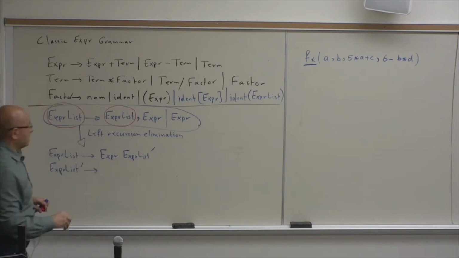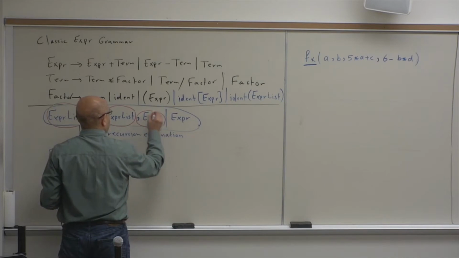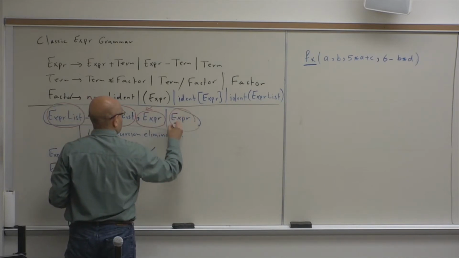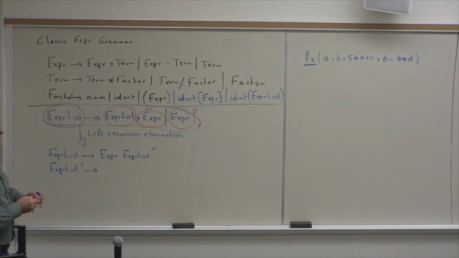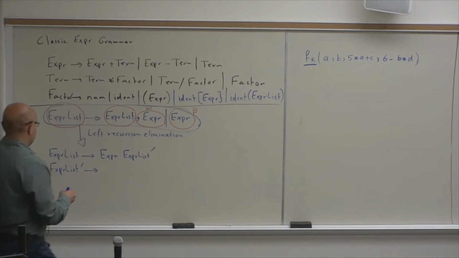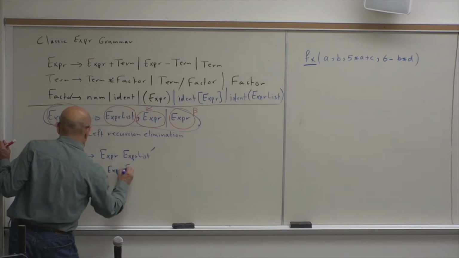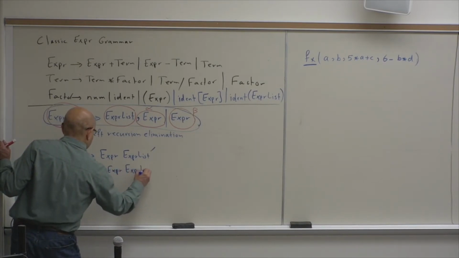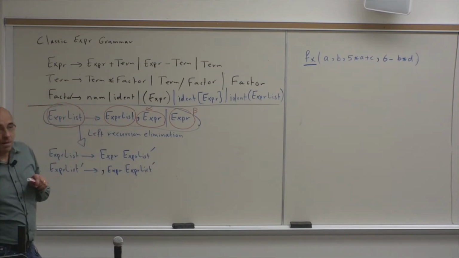The recursion is on expression list. This is the alpha, and this is the beta. So this is comma expression list prime. Okay.